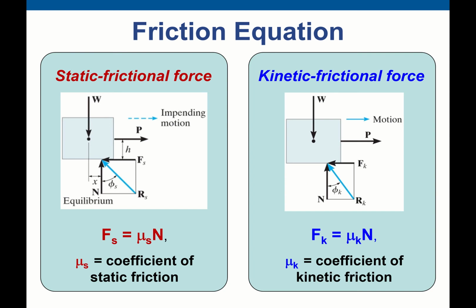So this is another equilibrium equation for you guys. We never learned this concept before. This is a pretty new concept because of friction. Static frictional force is equal to mu s times normal force. What is mu s? Mu s is the coefficient of static friction.